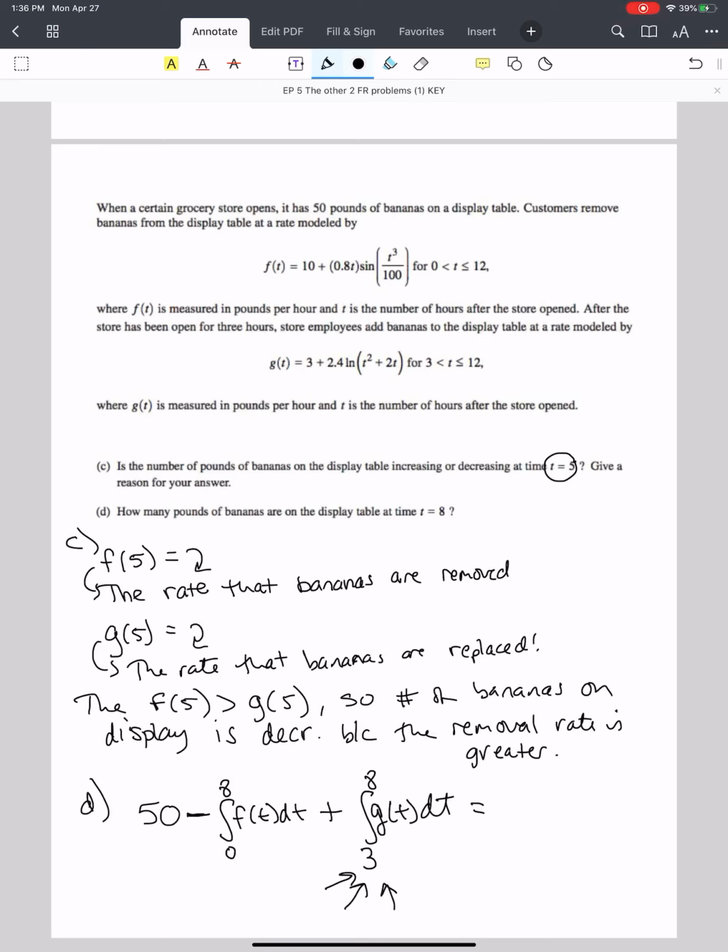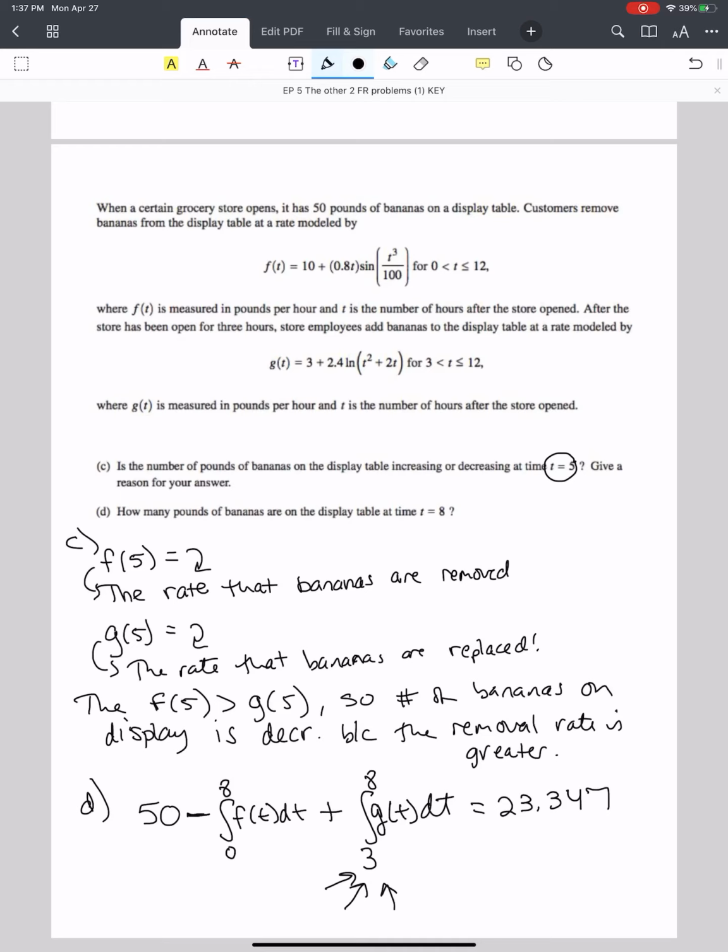And then, I thought I put this in here. Did I? Yeah, I did. So you put that in your calculator and you get 23.347. And they asked how many pounds of bananas are on display.